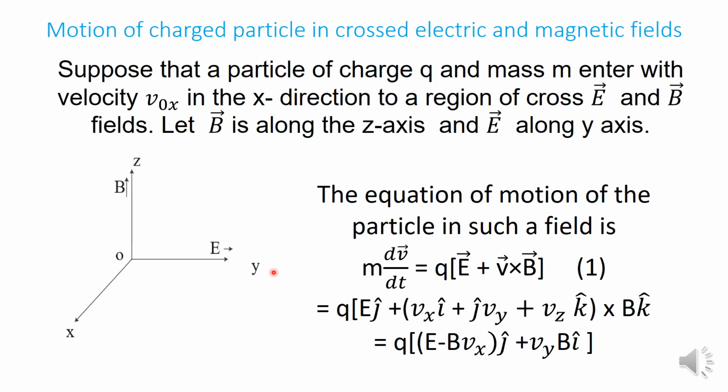Therefore, the equation of motion of the charged particle at any time t is m dv/dt, which is the basic Newtonian force, that is mass into acceleration. Here the force can be expressed as electrostatic force qE plus magnetic force q into v cross B.